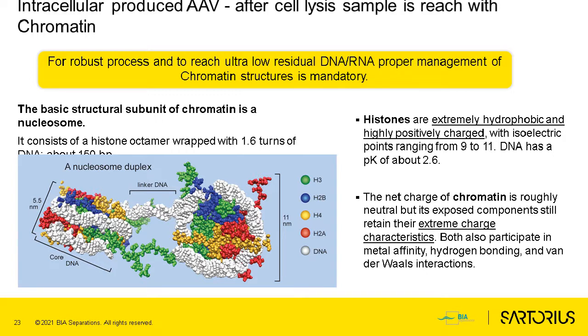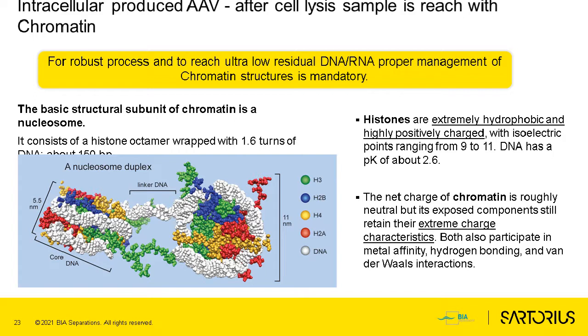A small nucleosome can be just some nanometers, but when they start to grow, they form a chromatin structure, a much more complex structure of any size, any shape, and different charges. It really depends. If we have more histones on the surface, we would have more positively charged chromatin. If we have more DNA on the surface, it would be more negatively charged.